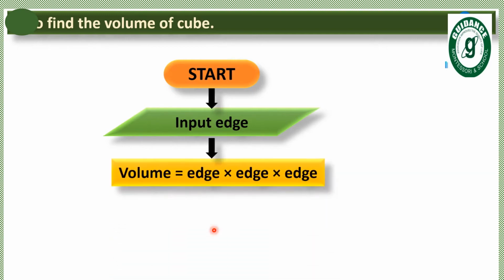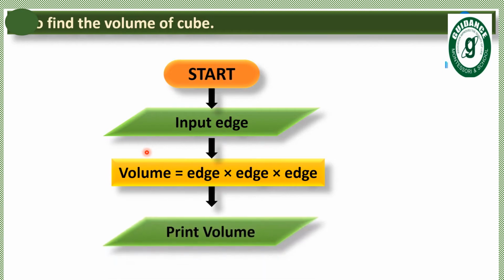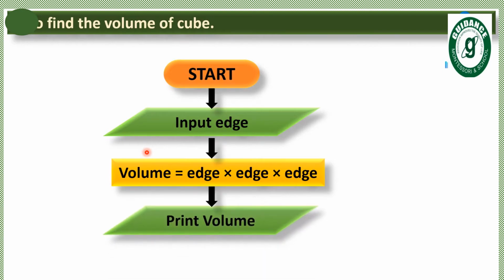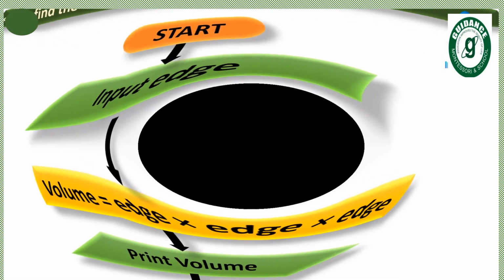So we give one edge, that is input edge, and then volume in a cube, we have to multiply this edge 3 times and then we will get the answer of volume. The edge we gave as input, it will multiply it 3 times and it will give us output, print volume. Again for input and output we have different shapes, and when we have our output, after that we have to end our flow chart.